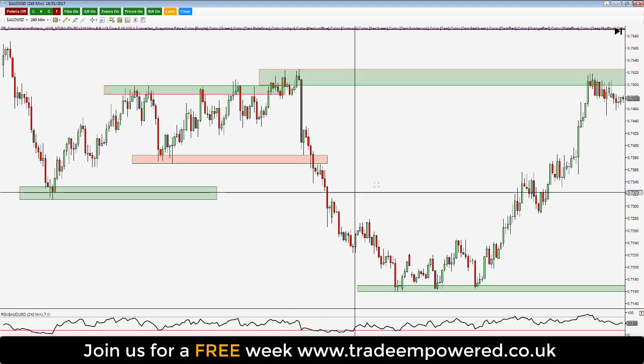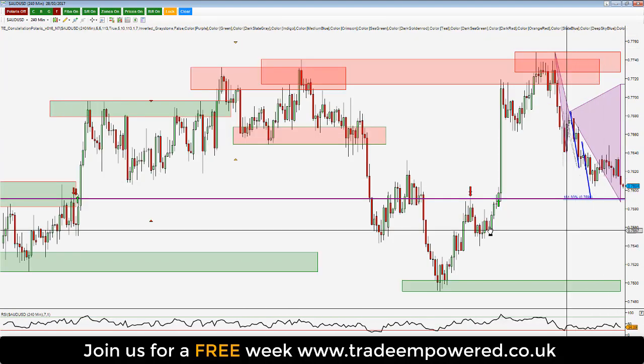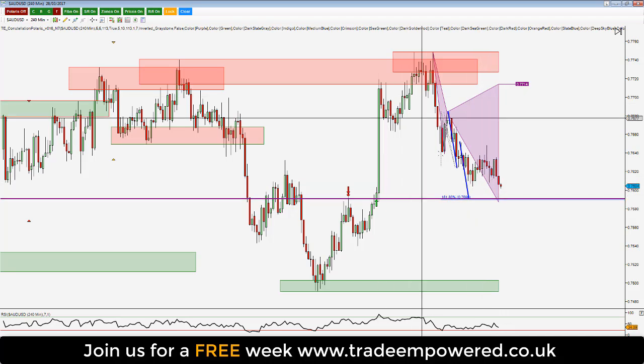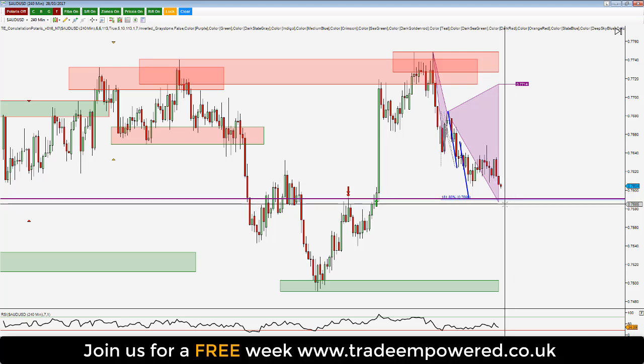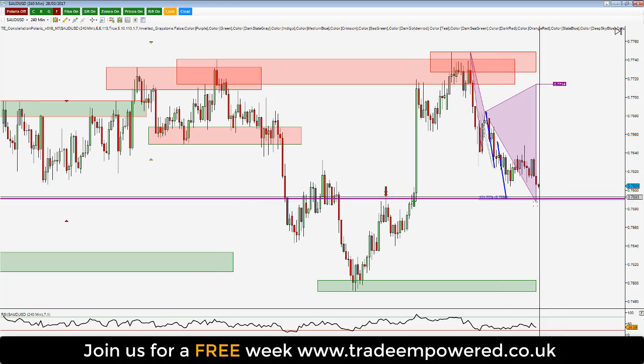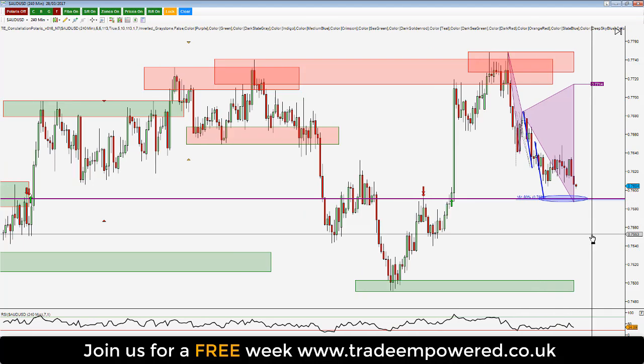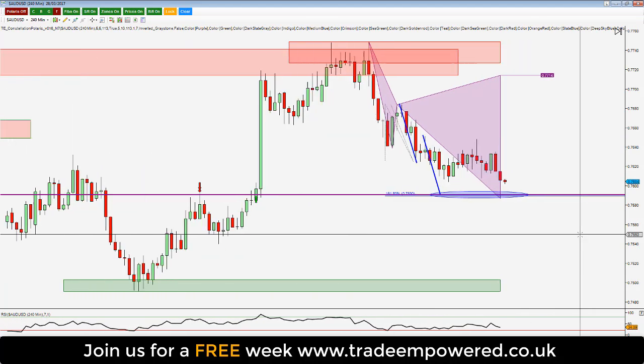So if you were a counter trend trader, this would certainly be a level. Every time it's tested in the past, or more often than not, it's respected and we see a reaction, so there's a high probability that if we test this level again, we're likely to see a reaction off of it.